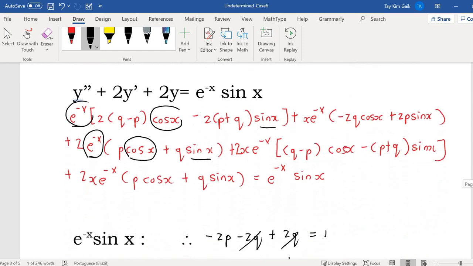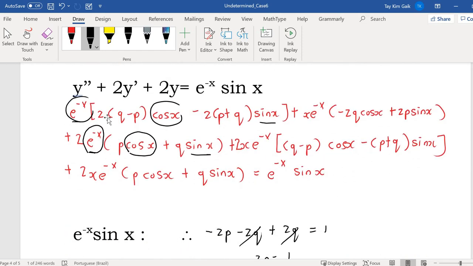Normally you may expand everything, but I'm lazy, I'm just comparing, because I just want to determine p and q. On the right hand side, I got exponent negative x sin x, so I will compare this term first.